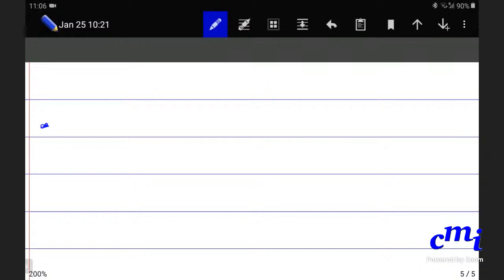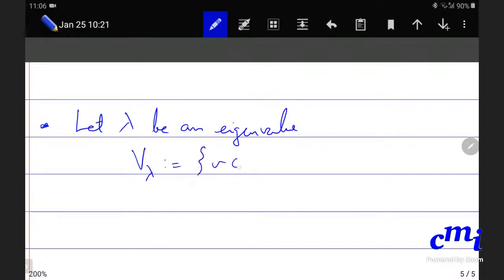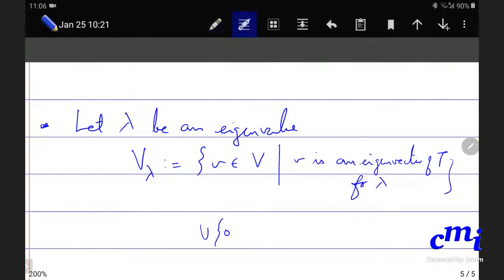Now the second thing is, let lambda be an eigenvalue. We can look at this set of V inside V such that V is an eigenvector of T corresponding to lambda.